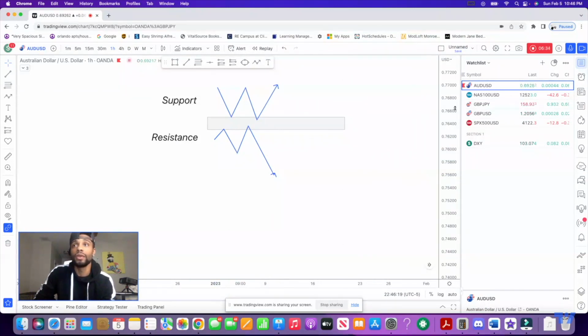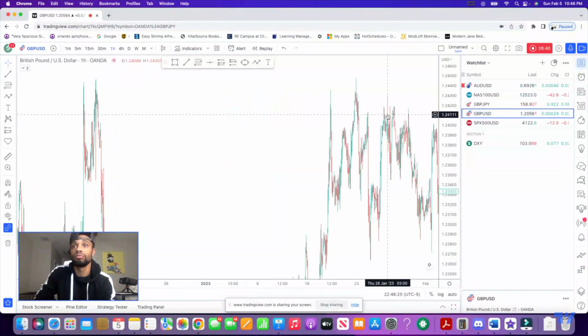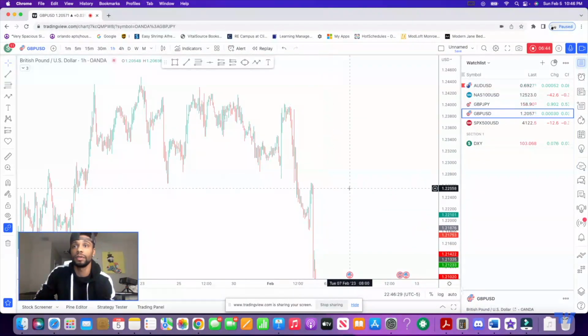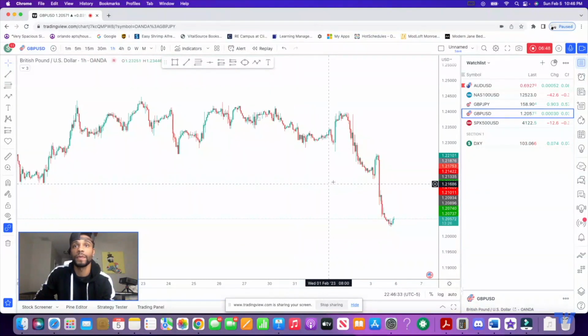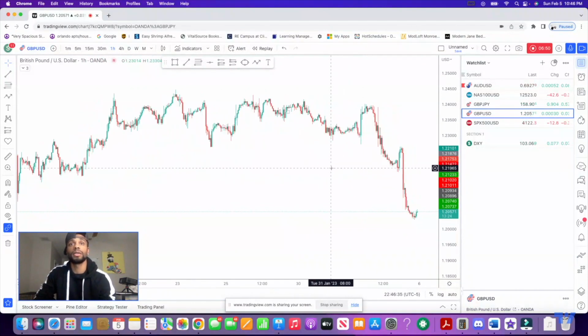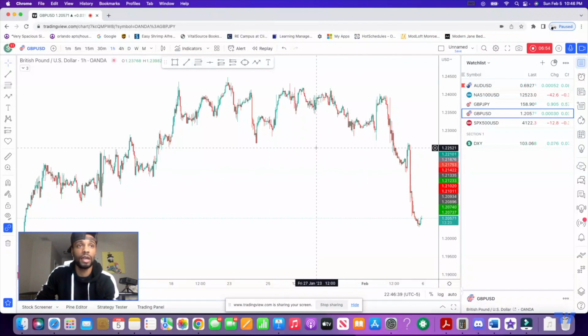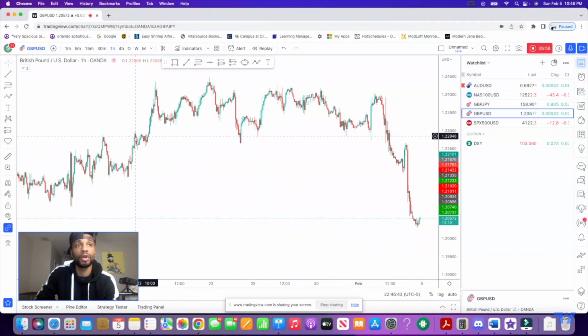Now let's take it to the chart. Let's go to GBP USD. If you look at this chart, one of the ways you look for support and resistance is to find areas in the market where price has bounced off multiple times.